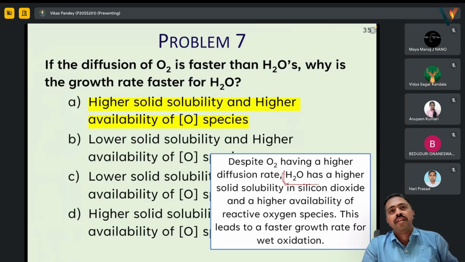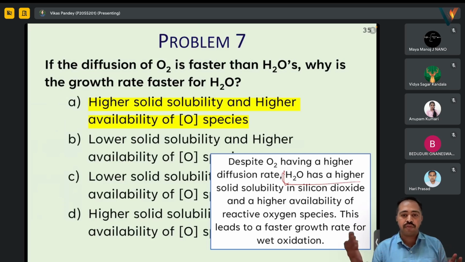That means, in a sense, it will have higher diffusibility compared to oxygen. Whereas if we are talking about diffusion rate in normal conditions, the oxygen molecules have a higher diffusion rate compared to H2O.